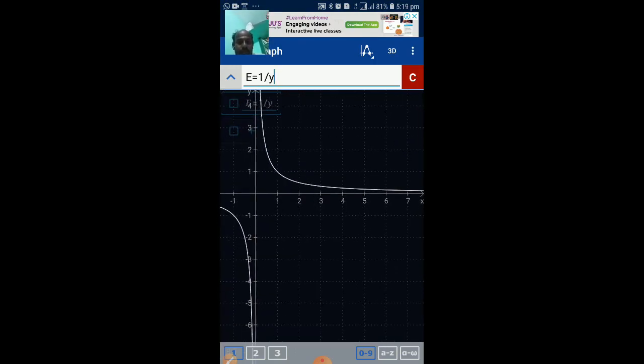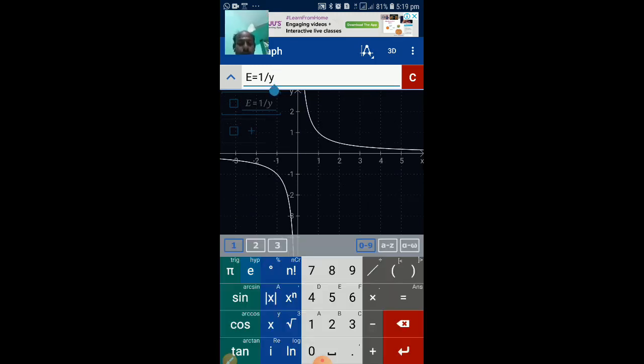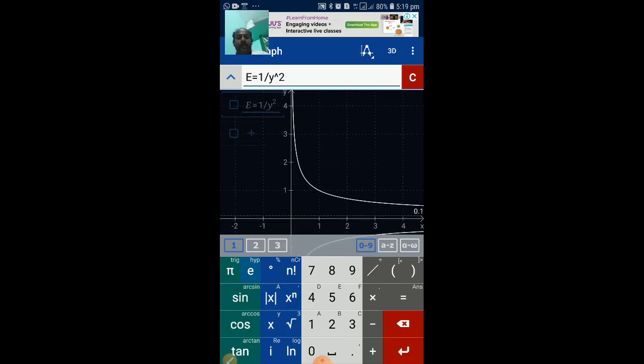This is the graph you will be getting when E is directly proportional to 1 by x squared. This is for the point charge. Can you understand?